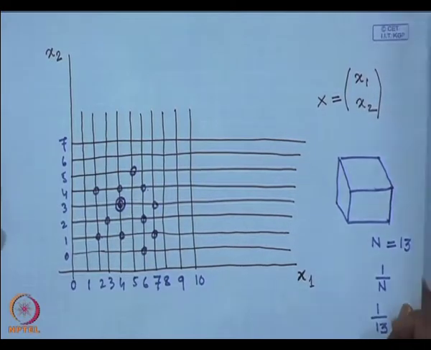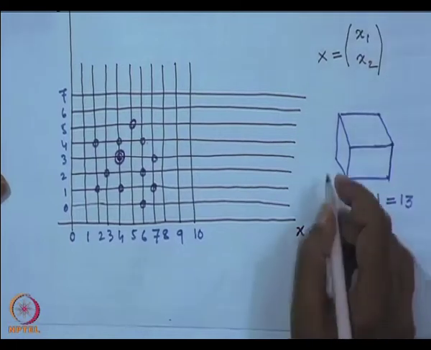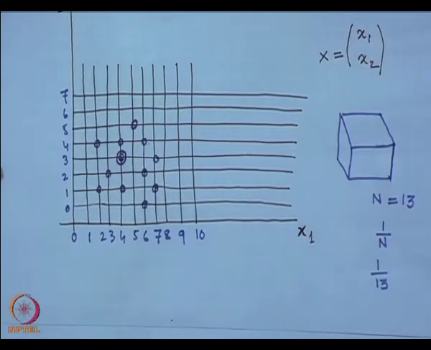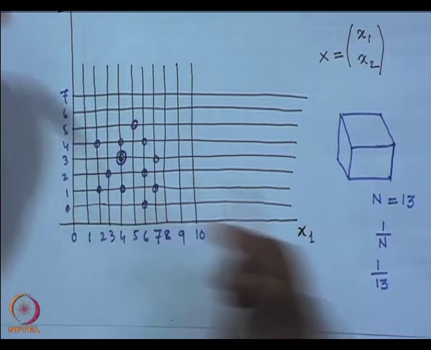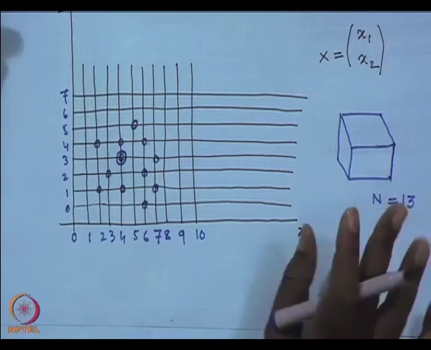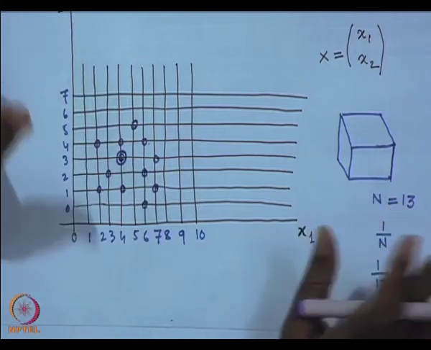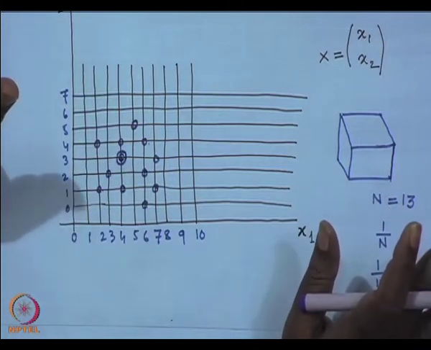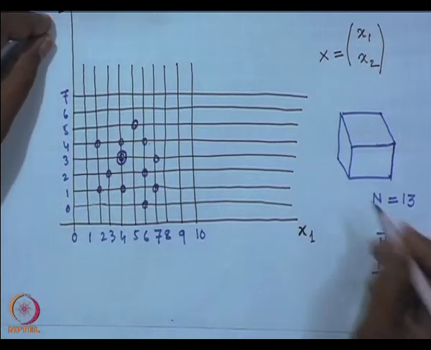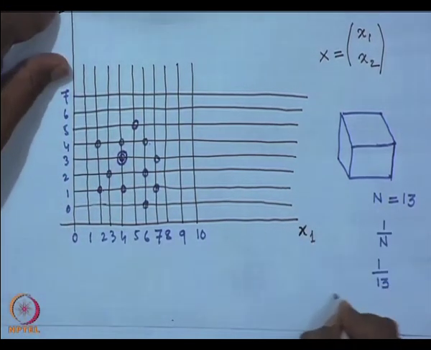To determine the height, I have to know what is the base area of this rectangular window. Let me assume here that this rectangular window is of base 3 by 3.